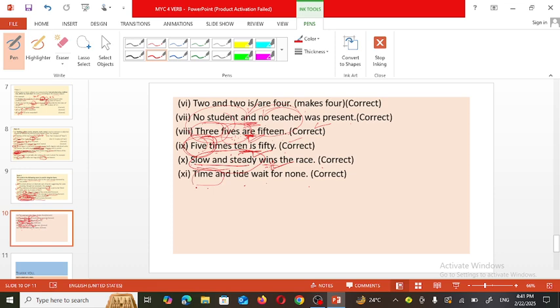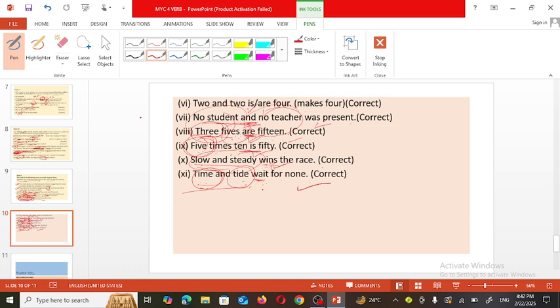Here time is one thing and tide is a different thing, and that's why we have to consider two things, meaning plural, and accordingly the verb wait is used. Time and tides wait for none. Here the subject is in plural form and accordingly the verb is used, and it is correct.